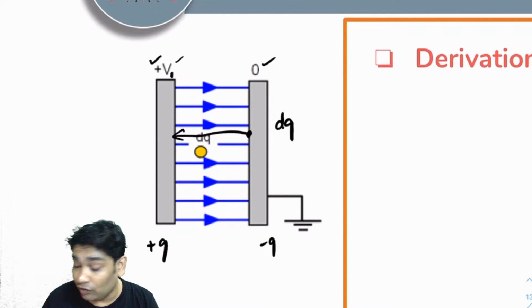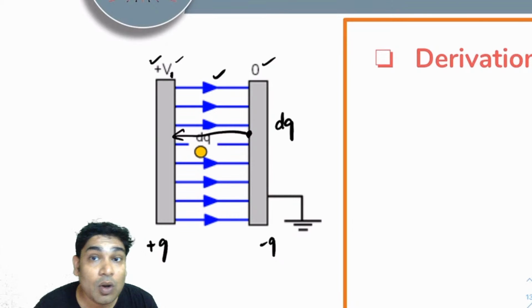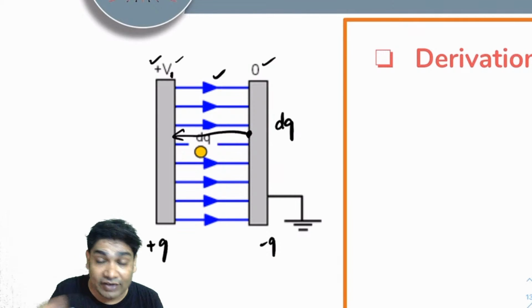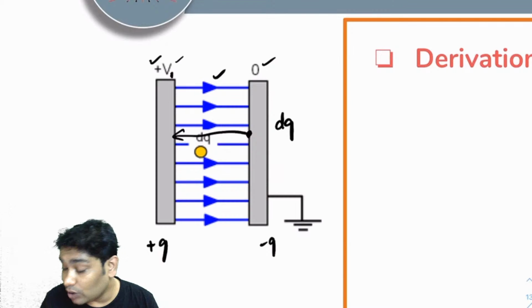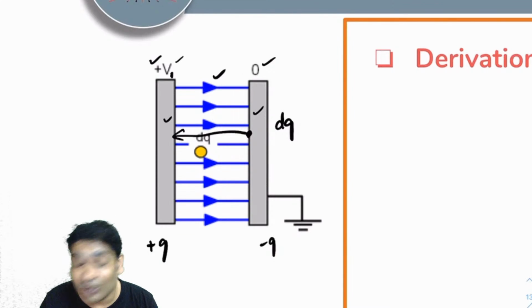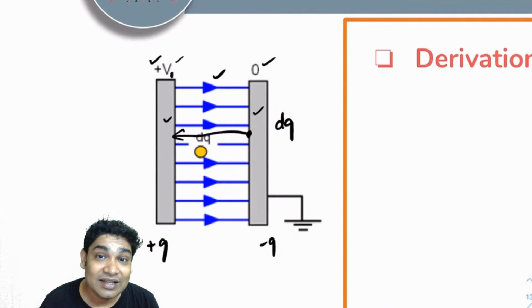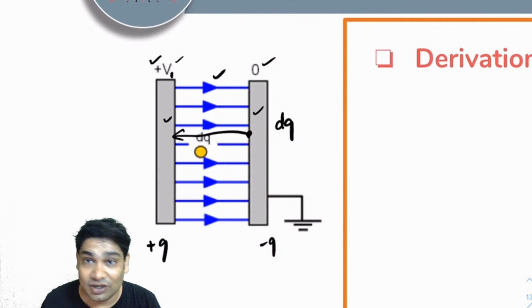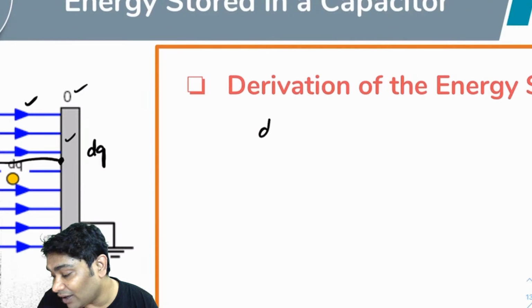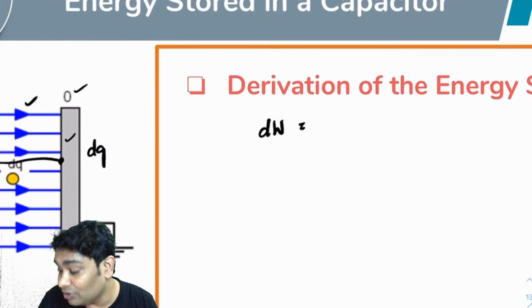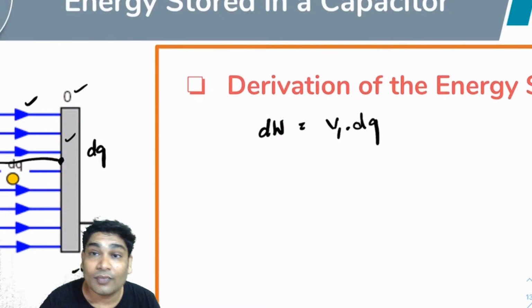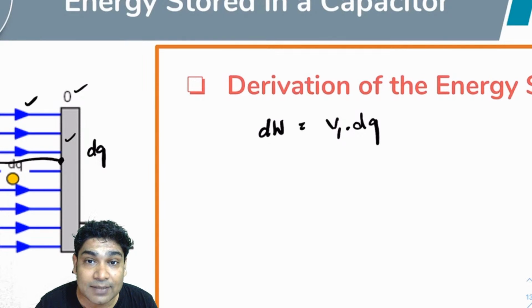So I have to do work against this electric field, or there is a potential difference. So the work required to transfer this dq from here to here, what will that be? Potential difference was the work required per unit charge. So I can say that the work required in transferring an additional dq would be v1 times dq. Alright, I hope you guys are following this.